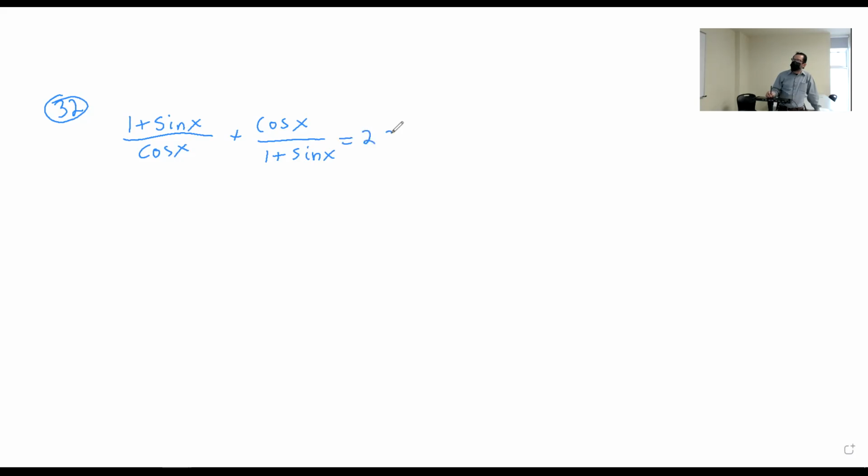So we've got number 32. We've got 1 plus sine of x divided by cosine of x, plus cosine of x divided by 1 plus sine of x, equals 2 secant x.